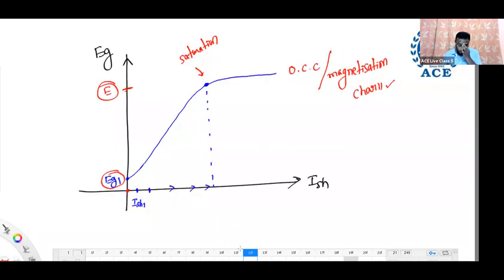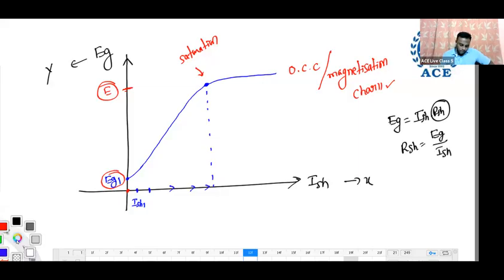Here Y is this, and x is this. M means the slope of the line. What is Y equals mx? A straight line passing through the origin. In the same way, EG equals ISH into RSH, so RSH is nothing but the slope M. RSH equals EG by ISH.